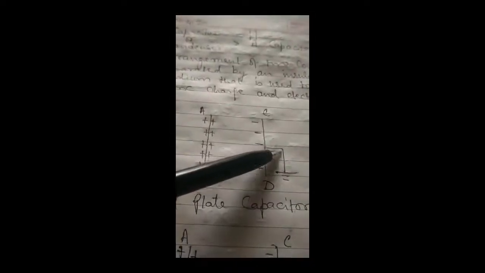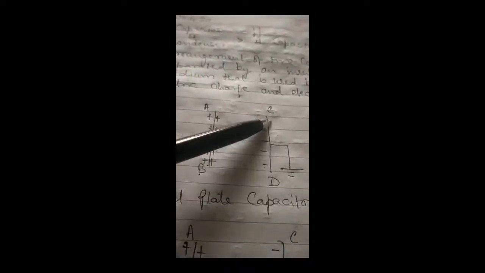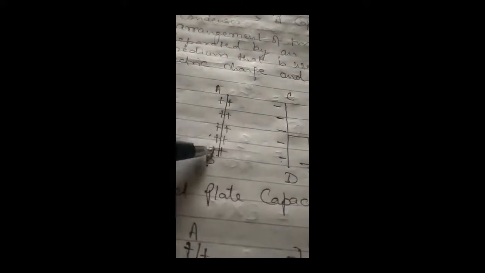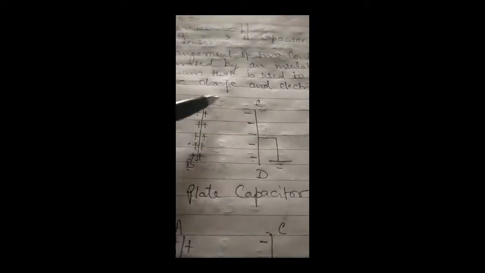When this outer surface is connected to earth, the charge on it goes to earth. Now due to the presence of this opposite charge, the potential of the first plate AB is slightly decreased, and we know potential and capacity are inversely proportional to each other. So when potential decreases, its capacity increases. So this arrangement is known as a capacitor.